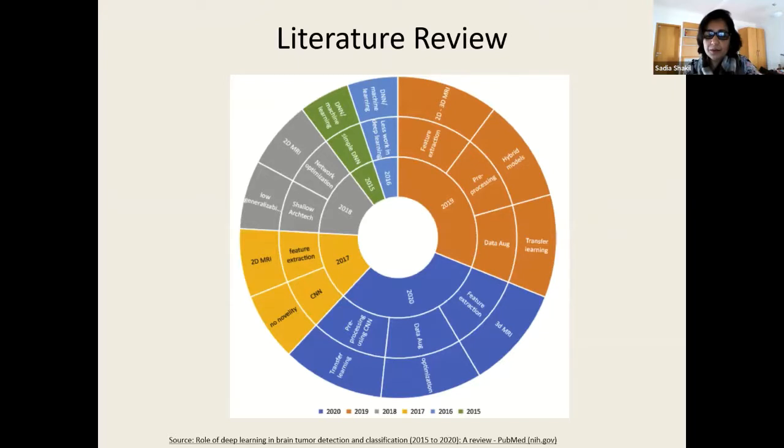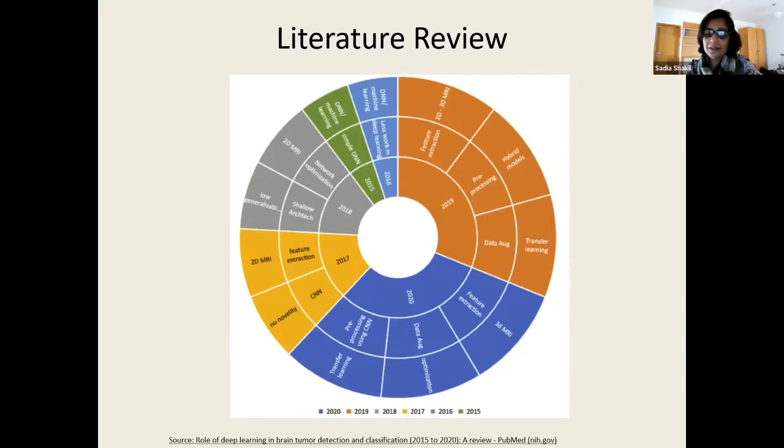The reason she wanted to do something on the brain tumor was because she could find a lot of data available for brain tumor, and she felt that this is something important, not only for the whole community, but maybe from the perspective of Pakistan also. She wanted to do something on local data, but unfortunately we could not find the local data.